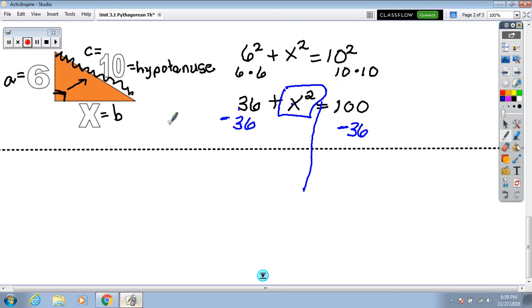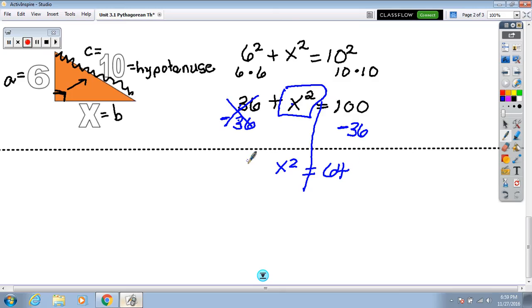You have to use either addition or subtraction, and you're using the opposite of what you see. So since 36 is positive, we subtract 36 on both sides. Well, 36 minus 36 eliminates, and I get x squared by itself on that side. On the other side, we do 100 minus 36, which gives me 64. Okay, we're almost there.